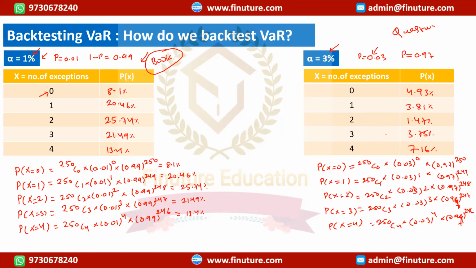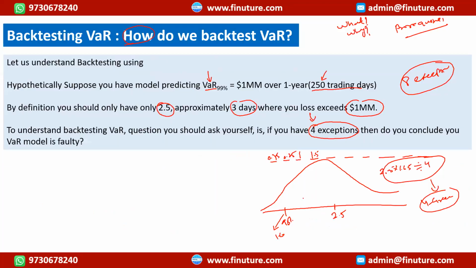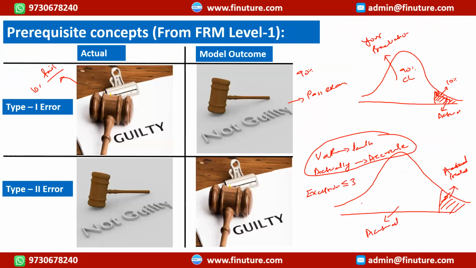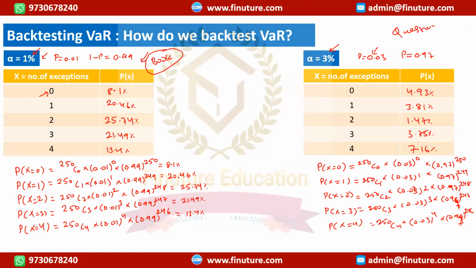error. If you recollect, type 2 error is on the right side, starting from 0 till 3 exceptions. So we were asked to calculate till 3 exceptions.